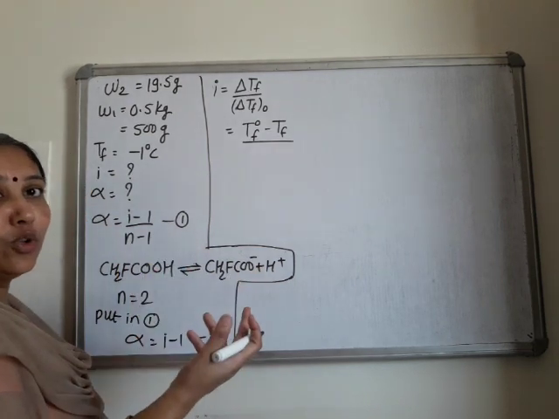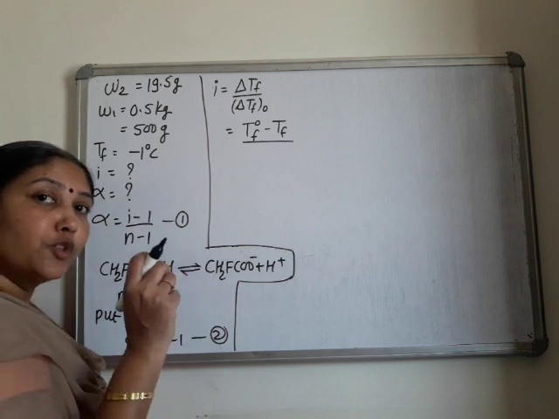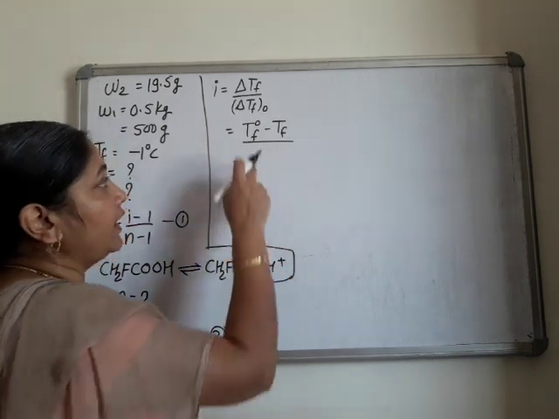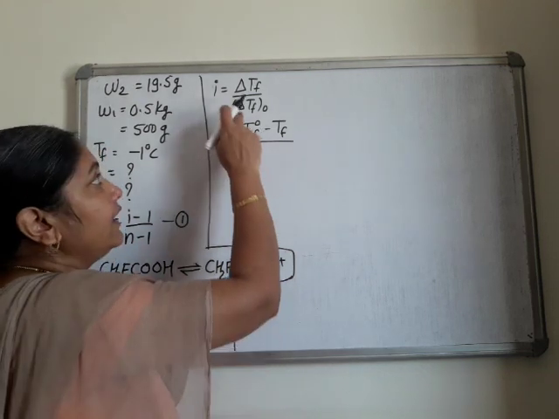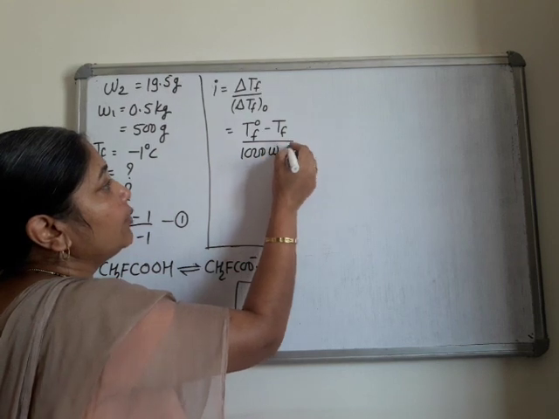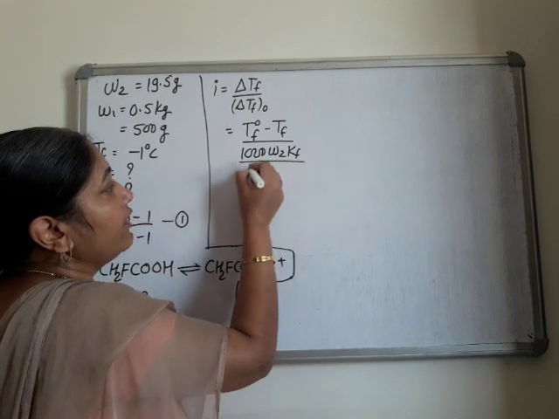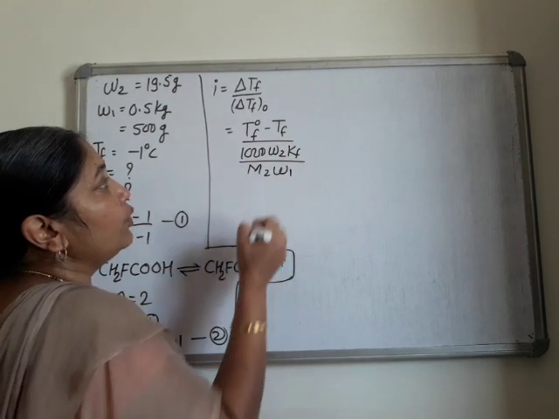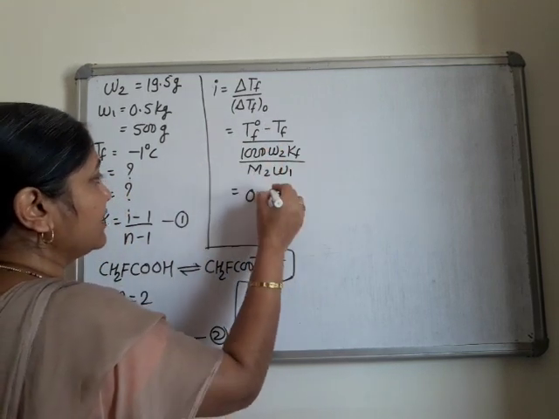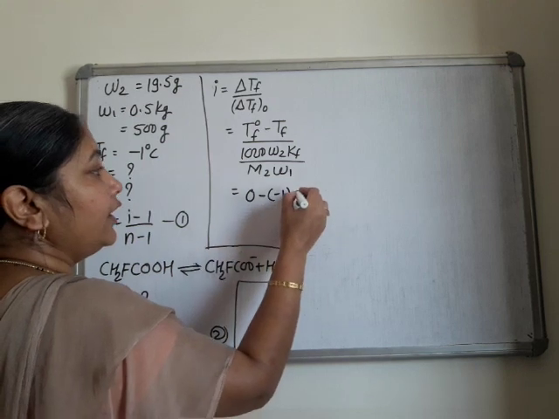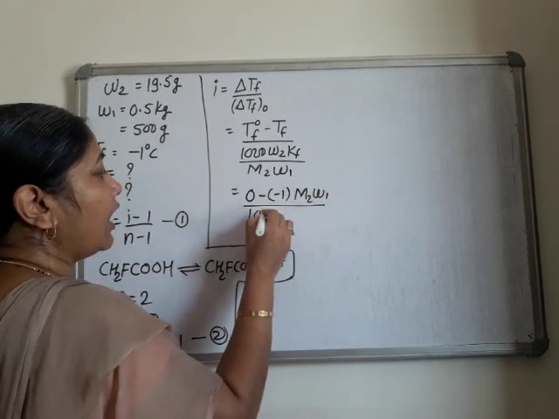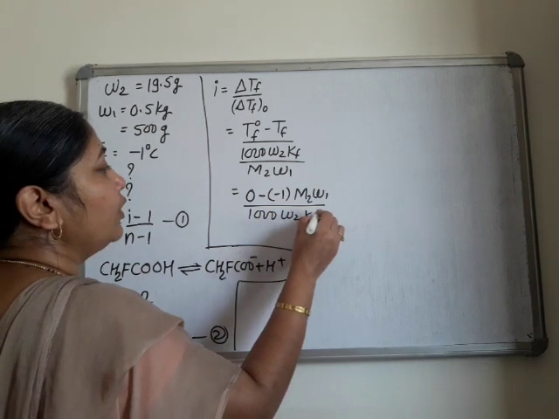Molality is also not given, so we have to write the value of molality. Delta Tf naught can be determined as 1000 W2 Kf upon M2 W1. So if you put it here, this is 0 minus (minus 1) into M2 into W1 upon 1000 W2 Kf.